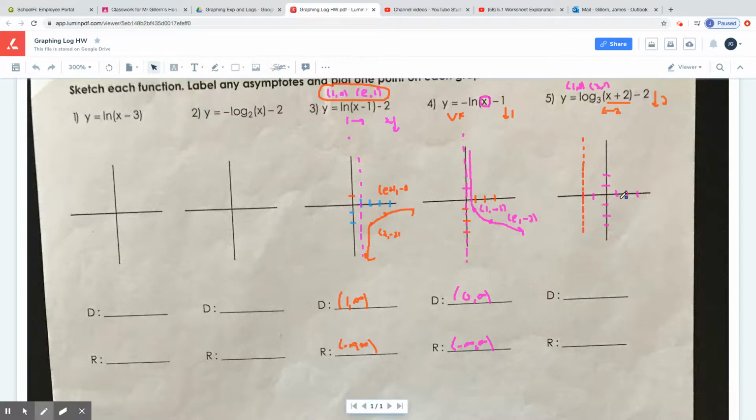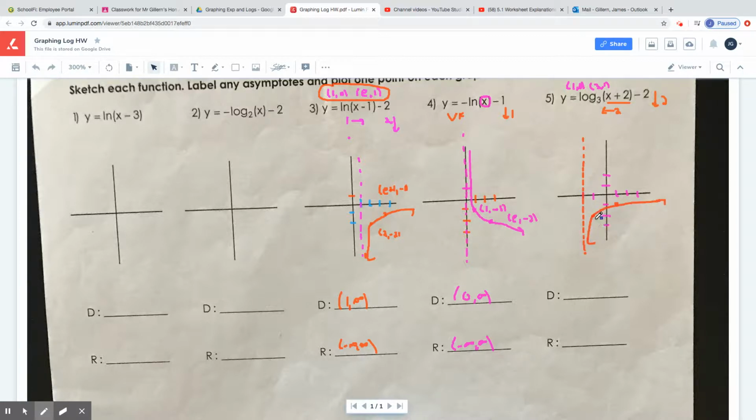All right, I'm going to take 1, 0. I'm going to move it to the left 2 and down 2. So it's at -1, -2. And then I'll be at 3, 1. I move that to the left 2, which is at 1, 1. And then down 2, and I'm right there. There's my graph.